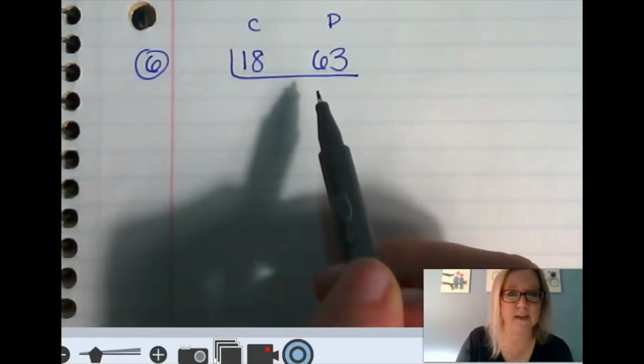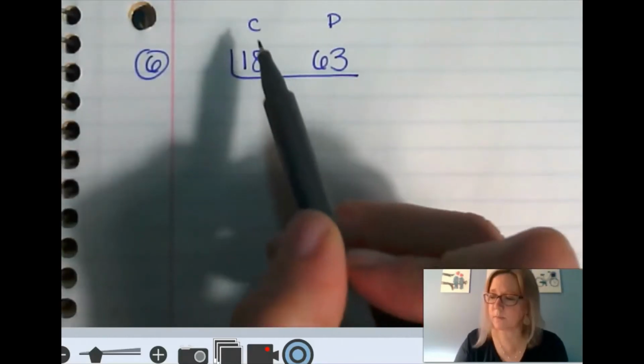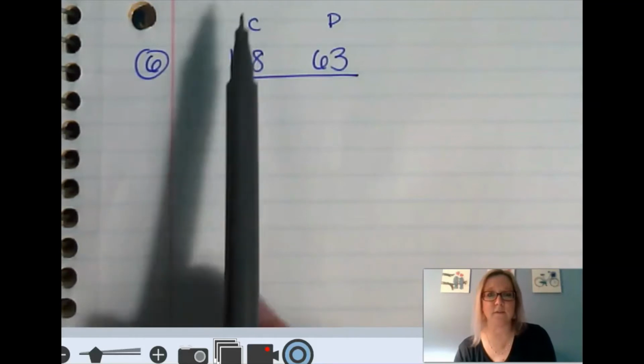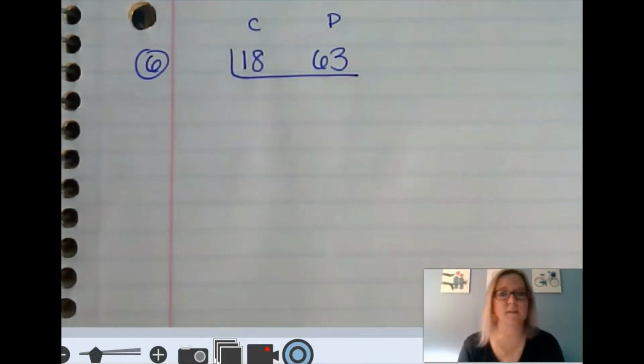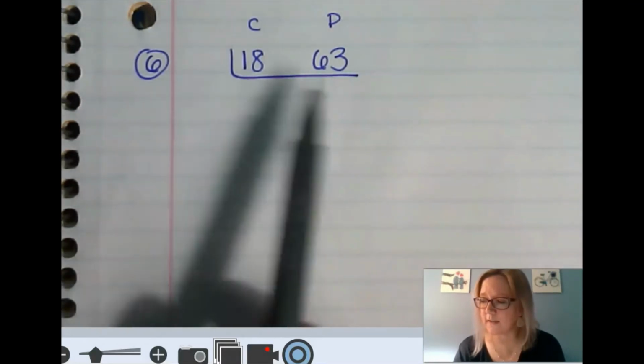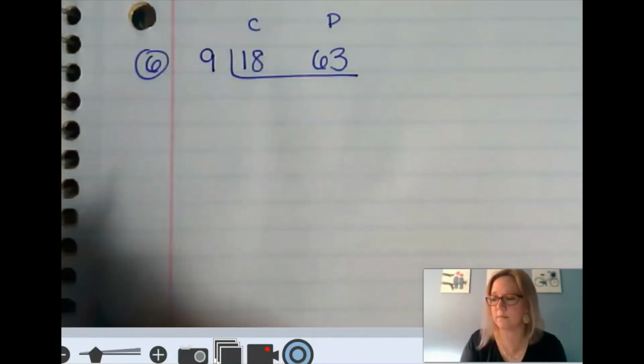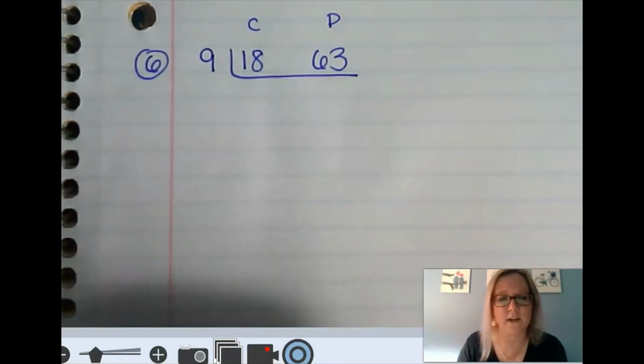Again, I'm going to use the sled method. And since it's a word problem, I went ahead and labeled it. So I know the 18 represents the coaches, 63 represents the players. And I'll come back to that in a minute. Alright, so 18 and 63, I know they both have a common factor of, let's say 9. Could have used 3, but the larger the factor, the quicker you get your answer.